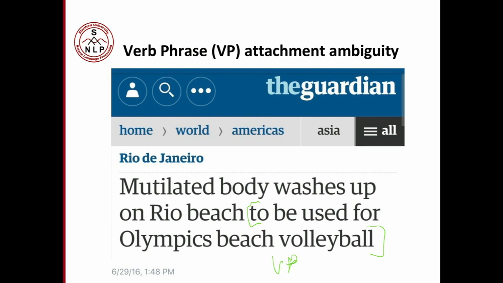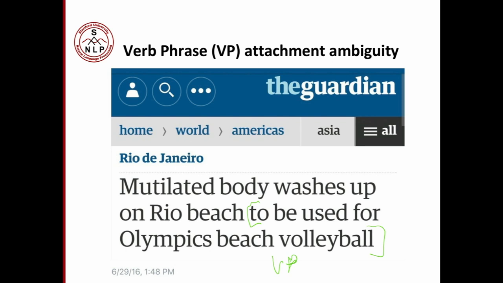So when you've got most of a sentence but without any subject to it, that's a verb phrase, to be used for Olympic beach volleyball, which might be in an infinitive form. Sometimes it's in participial form, like being used for beach volleyball. And really, those kinds of verb phrases are just like prepositional phrases. Whenever they appear towards the right end of sentences, they can modify various things like verbs or nouns. So here, we have two possibilities.